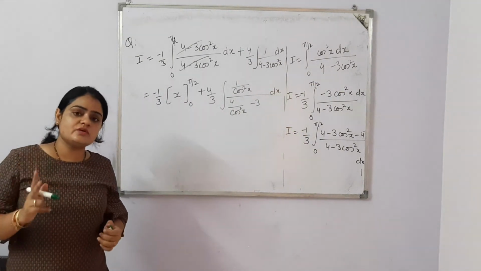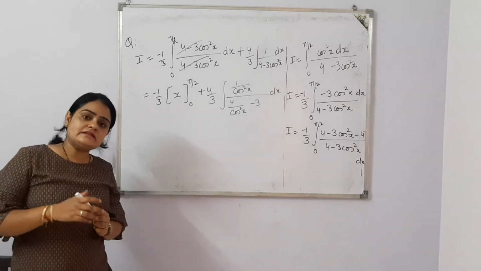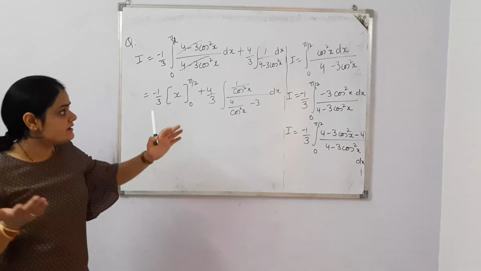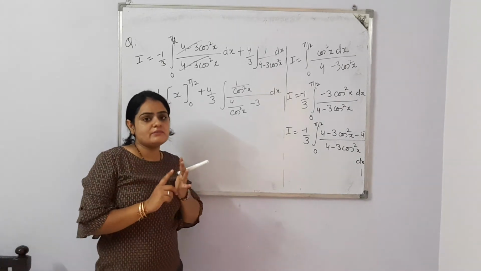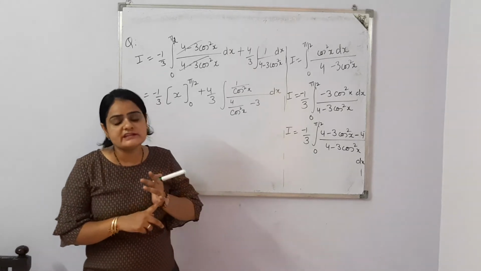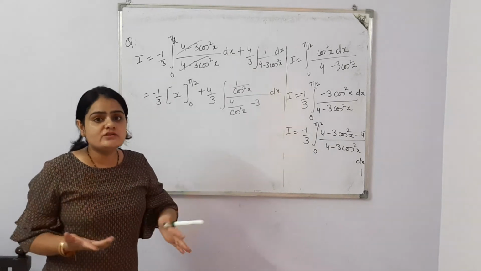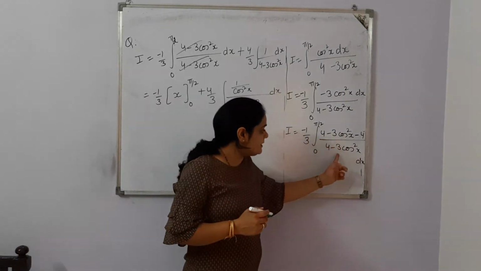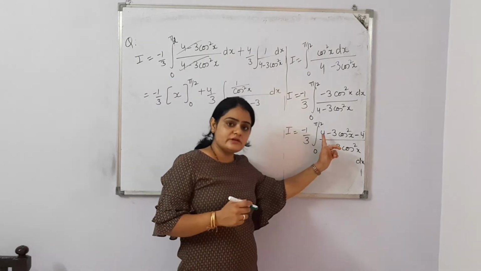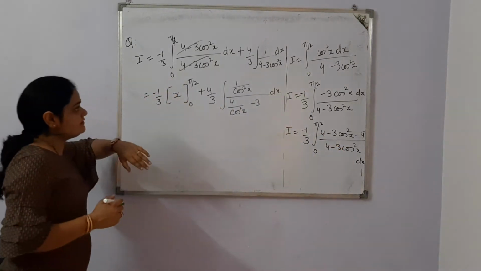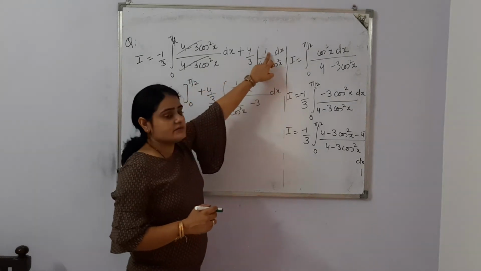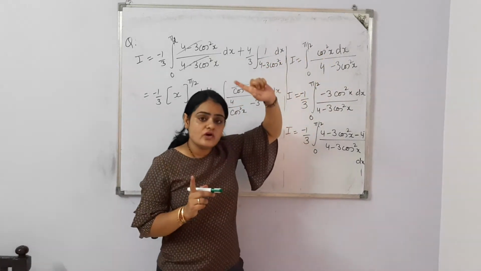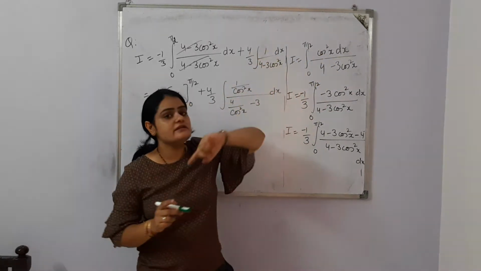I did 2 steps just to explain this reason, because we didn't have any formula to apply there: no trigonometric formula, no integration formula, no arithmetic formula was applicable. Then what can we do? So what we did, I made the denominator's function in the numerator. After segregating the function, the numerator is now a constant. Here the numerator was with cos square, that means a trigonometric function. Here the numerator is a constant.